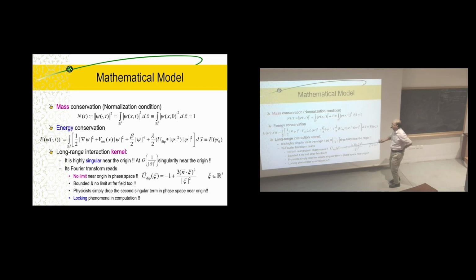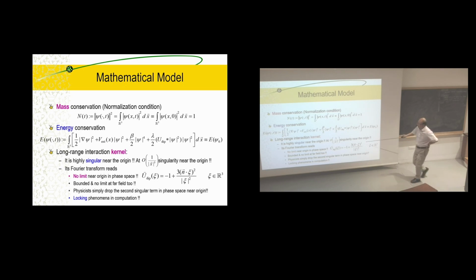Okay, and so this dipole kernel has a Fourier transform: U dipole hat of xi equals -1 plus 3 (n dot xi)^2 over |xi|^2. This you will see from a different formulation, and it is very easy to see. xi is the Fourier symbol.